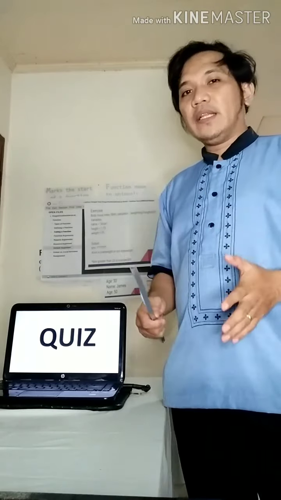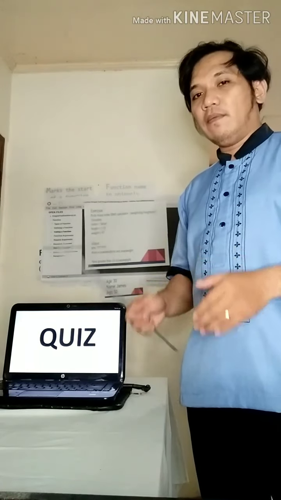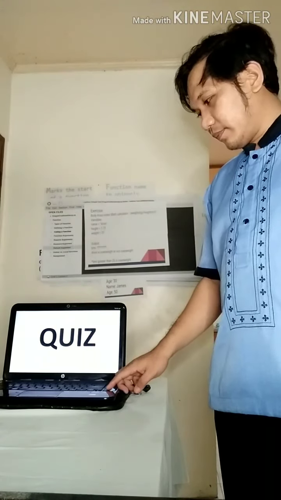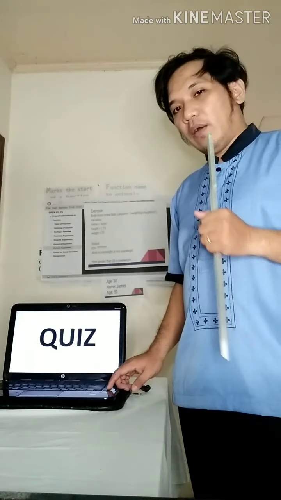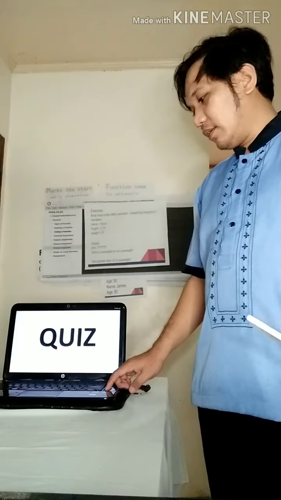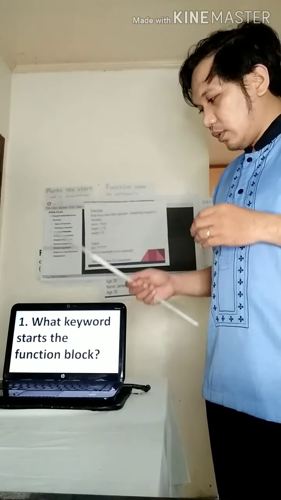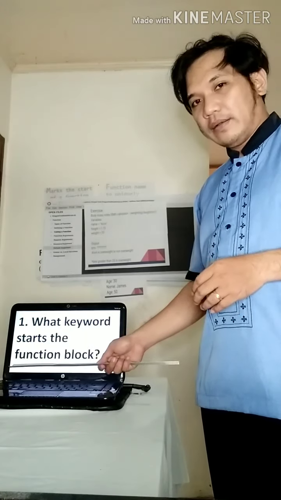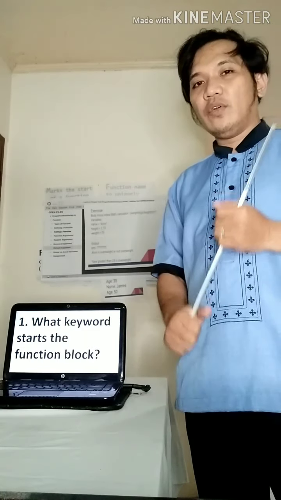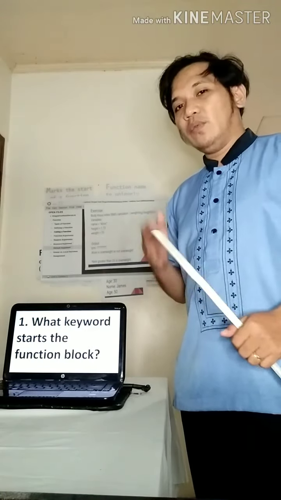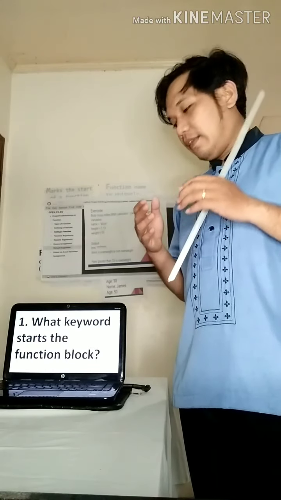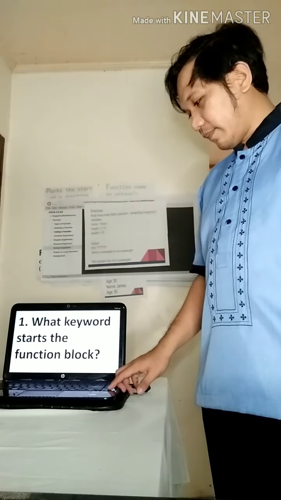So okay class, moving forward, our lesson for today is a quiz. Get ready and prepare a quarter sheet of pad paper. Our first question is, what keyword starts the function block? We should all know this because we discussed it earlier.